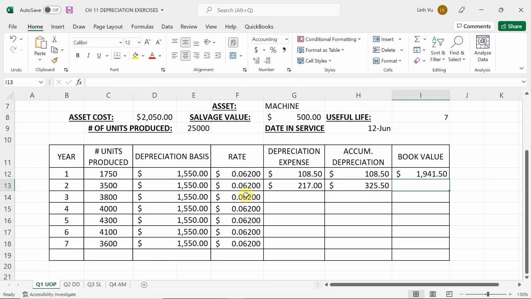The book value, we have 2,050.00 minus 325.50.